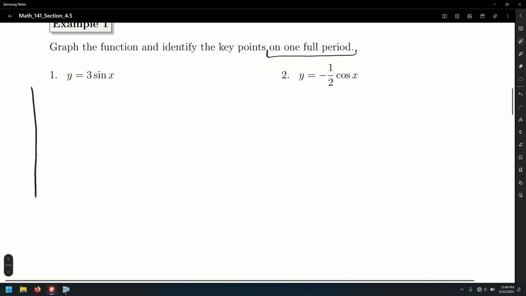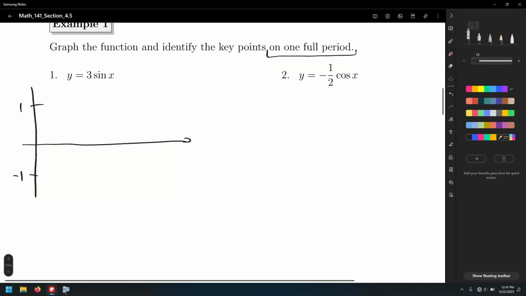Of course, you can extend this to more periods if you want, just make sure to keep adding multiples of 2 pi to the 5 key points. Yes, there's 5 key points. What are those 5 key points? Check this out. I'm going to go between negative 1 and 1, and let me draw a very generic sine function. It looks like this.